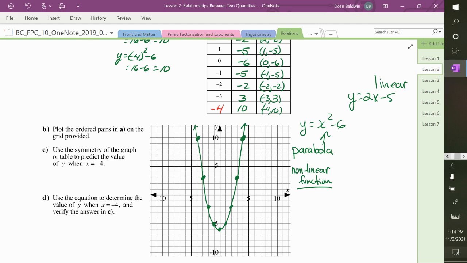This one is non-linear. Let me write something else. If I write y is equal to 3x to the fourth plus 1, and y is equal to x minus 1. This is nonlinear. X to the fourth, this is nonlinear. This is linear.